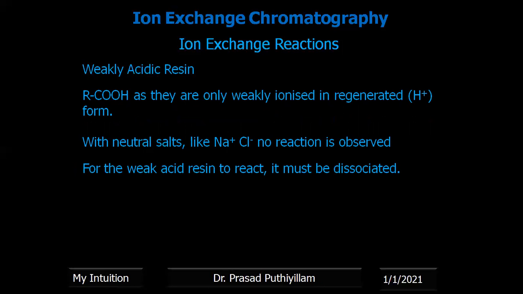The weakly acidic resins are weakly ionized, and therefore with a neutral salt like Na+ and Cl-, there is no reaction, because if they did react, it would produce H+ Cl-, that is HCl, a strong acid. The strong acid will convert the weak acid resin back to the acidic form. Therefore, even the salt formed will be converted into acidic form, so this reaction cannot happen.